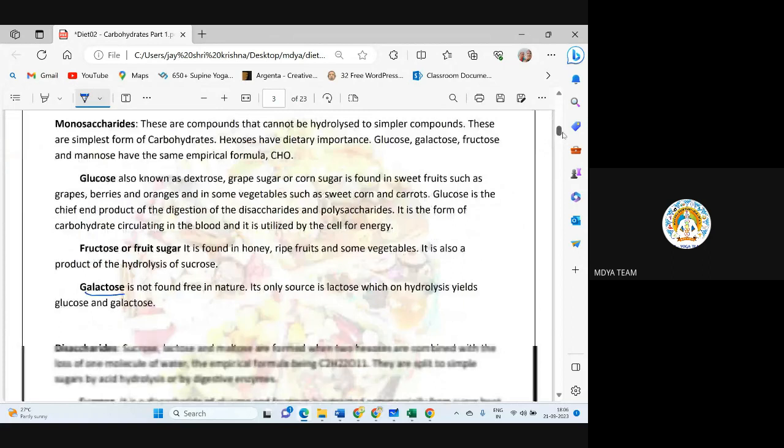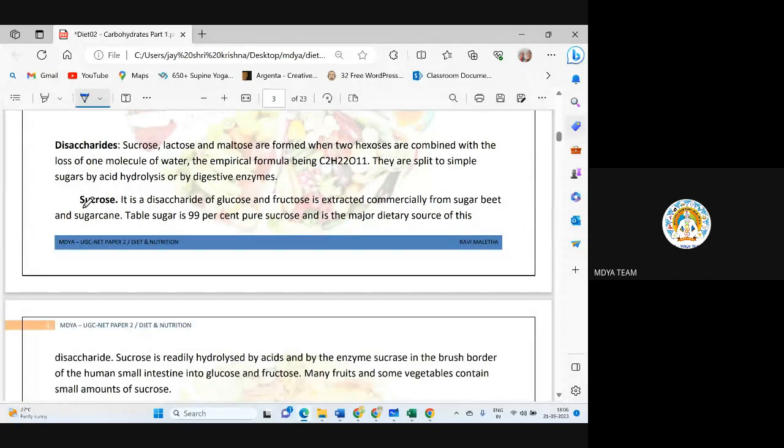Disaccharides are nothing but two monosaccharides joined by a common bond. These two monosaccharides, when joined together with a common bond, are known as a disaccharide. So disaccharides have the empirical formula C12H22O11. In yesterday's class, I explained why this is not C12H24O12.